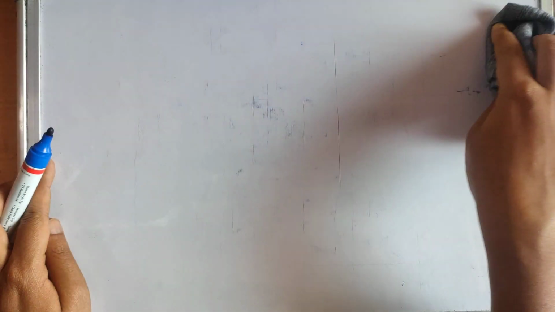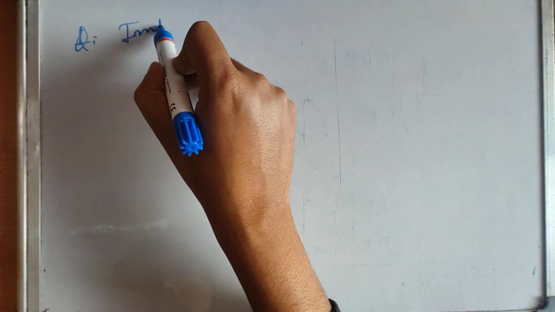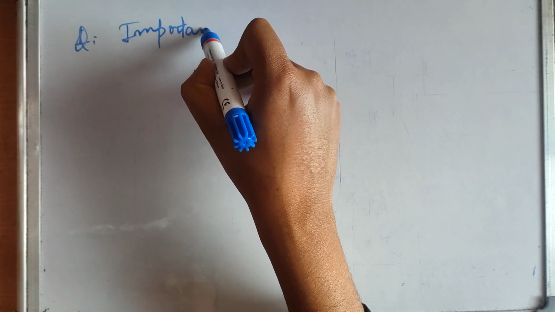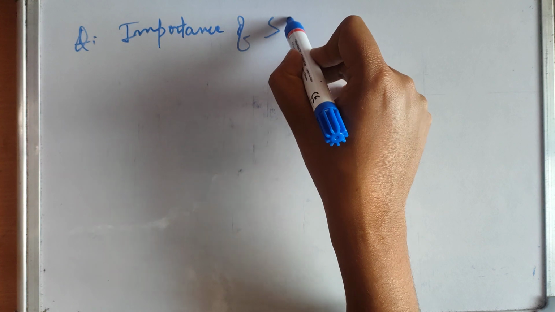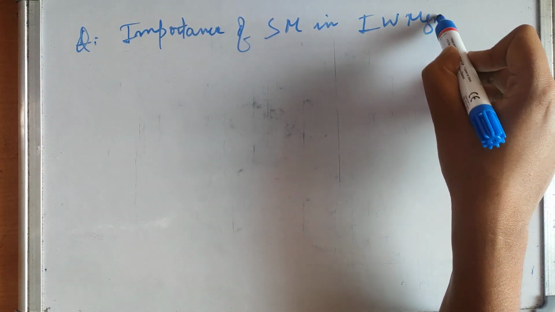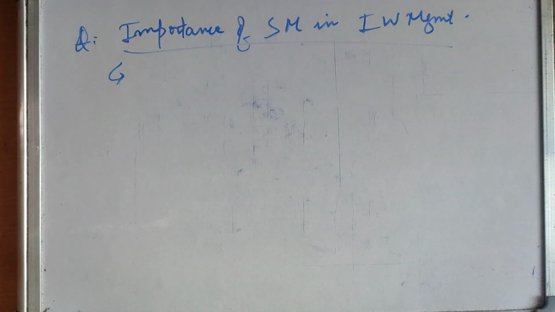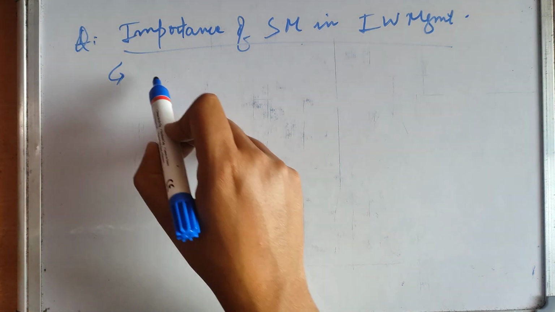Now moving on to the next topic of this session, importance of soil moisture in irrigation water management. First of all, soil moisture shows relationship with energy status of water.